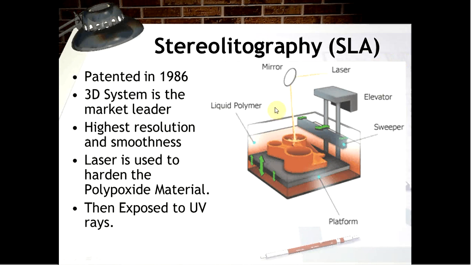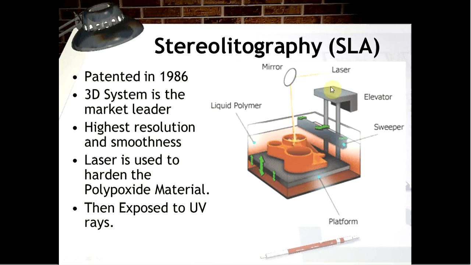In stereolithography, as the image shows, there is a type of polyepoxide material, as shown in the color. I am representing it with the mouse, just see here. This is the polyepoxide material, and this is a type of filtering platform. It is assembled in such a manner that when laser light falls on the polyepoxide, it solidifies that resin.